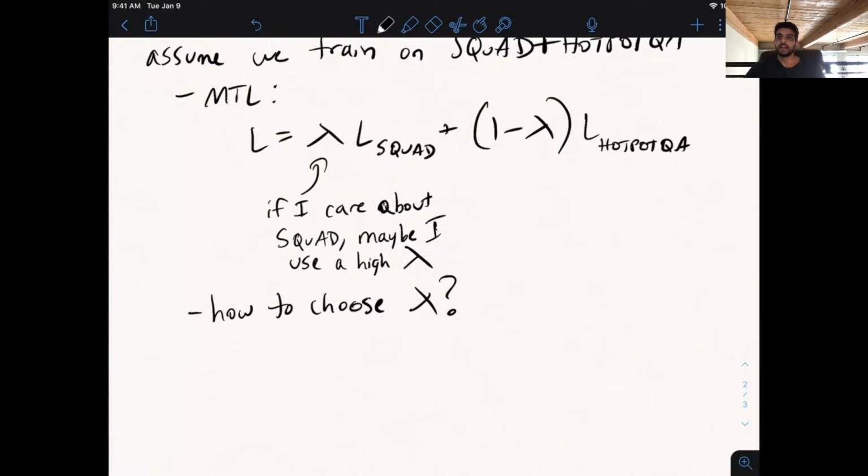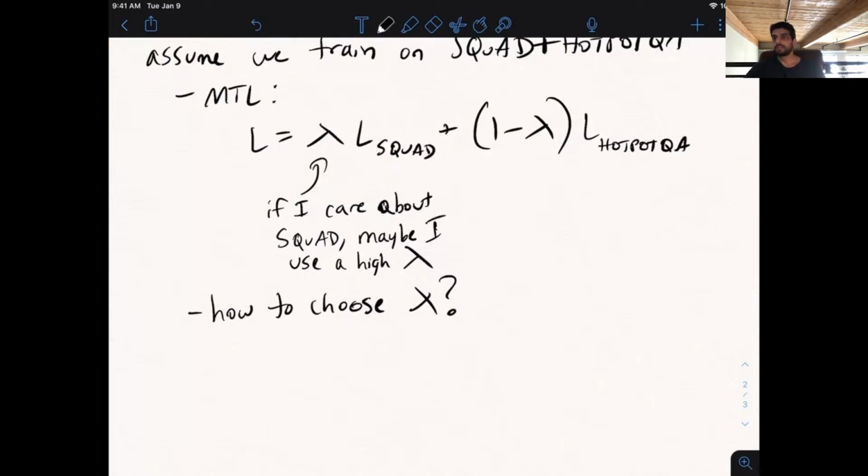So you might imagine that the higher-level reasoning that HotpotQA, at least theoretically, forces a model to learn can help a SQuAD model on harder examples that are not necessarily solvable by string matching.